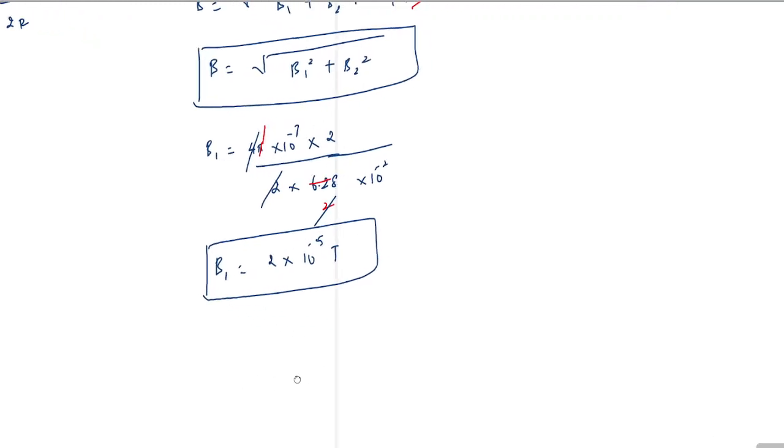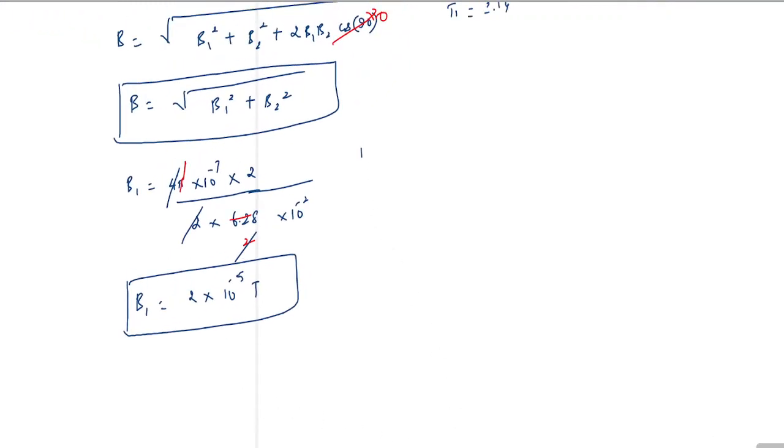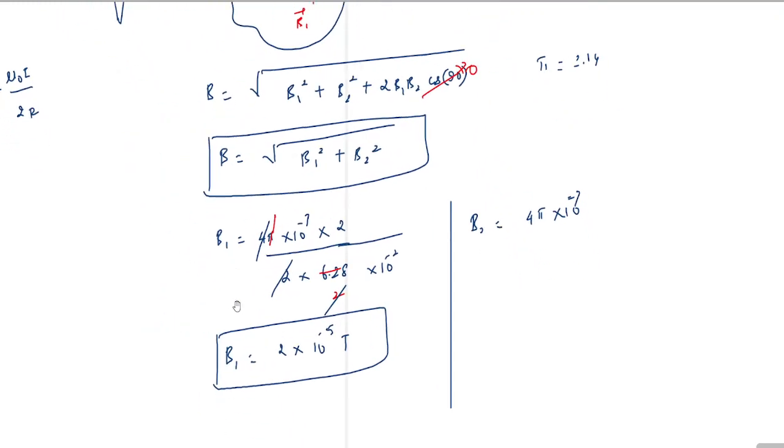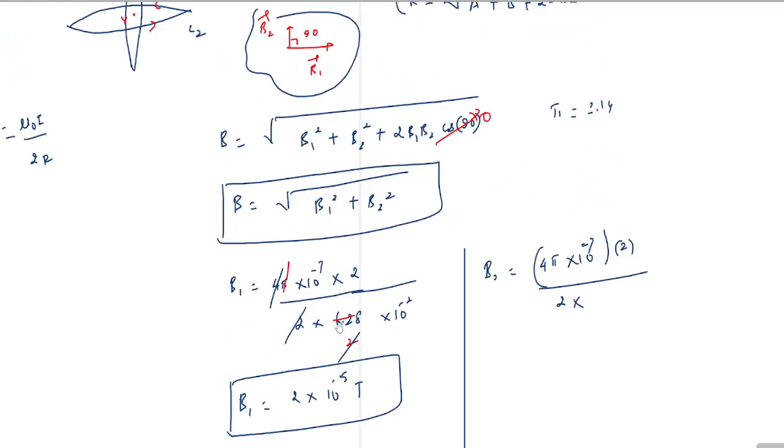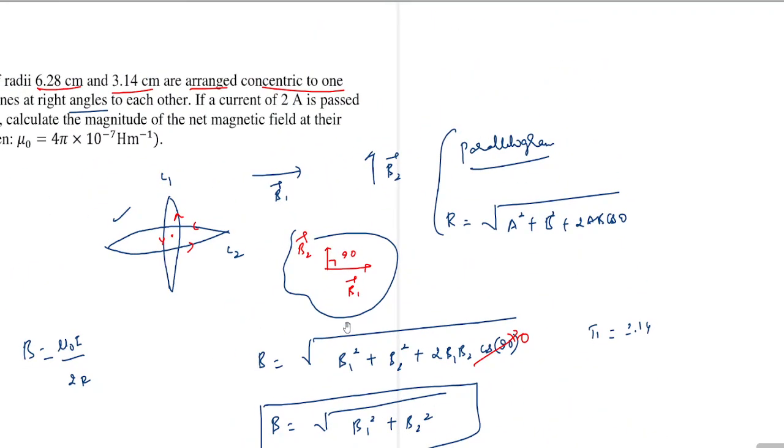Similarly, if you want to find b2, I'll do it side by side only, but in exam, keep doing it one below another. So b2 would be the same form, which is 4 pi into 10 power minus 7, that is mu naught. The formula is mu naught I by 2r, and I also is the same, which is 2 ampere by 2 into the radius in the second case, given as 3.14 centimeter.